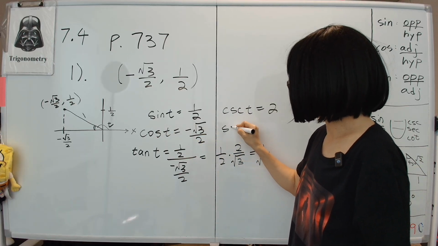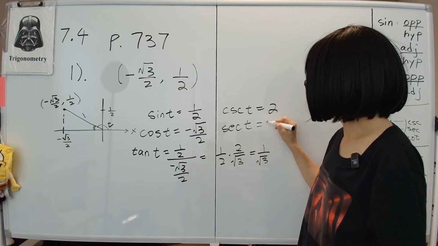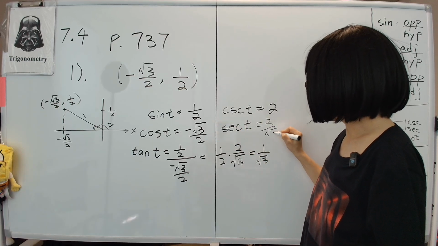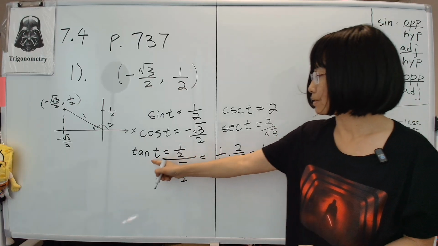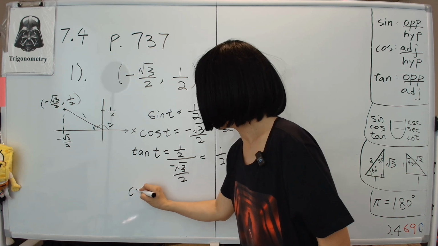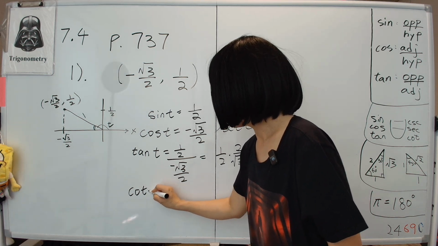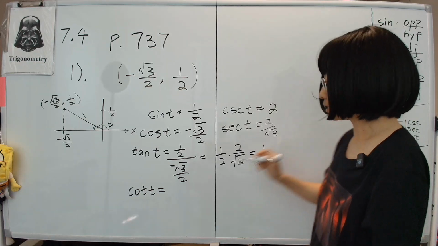So secant of t equals, let's flip that around, 2 over square root of 3. And finally, cotangent is flipping tangent around. I will write it over here. So cotangent of t is going to be equal to, right here, flip this thing around, square root of 3.